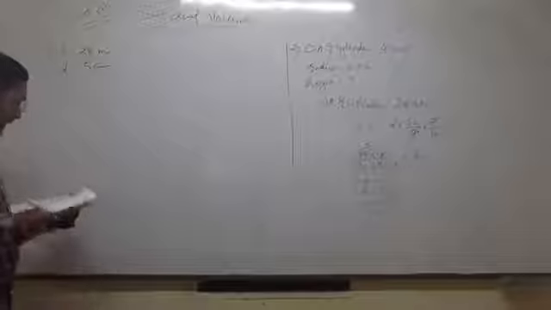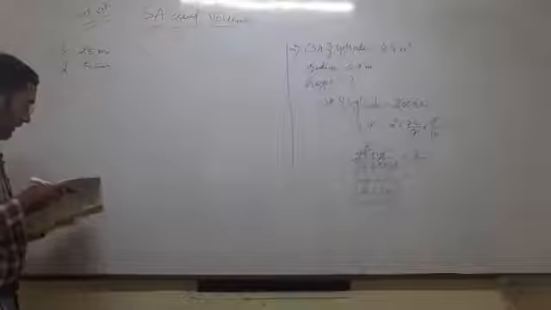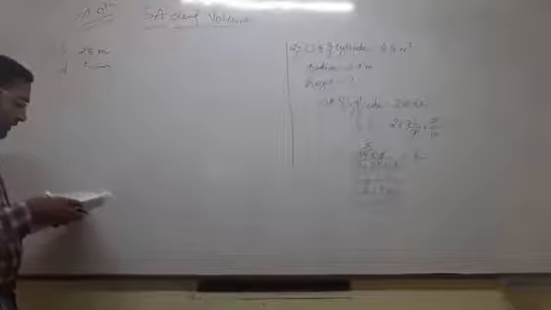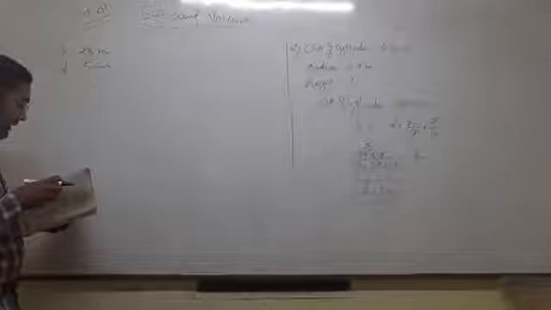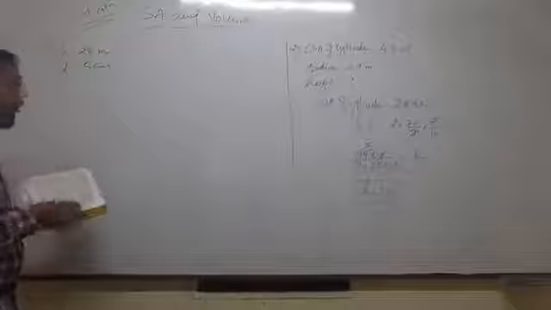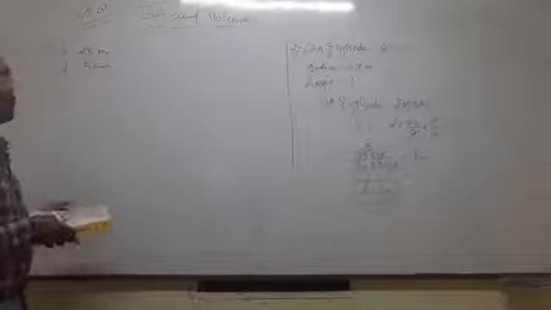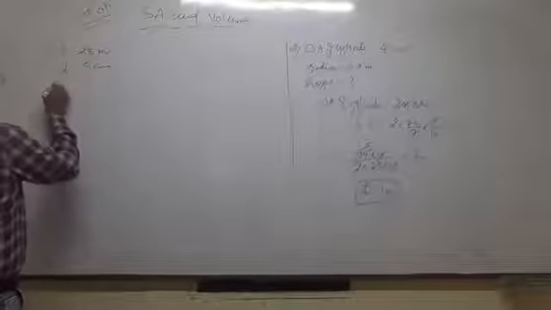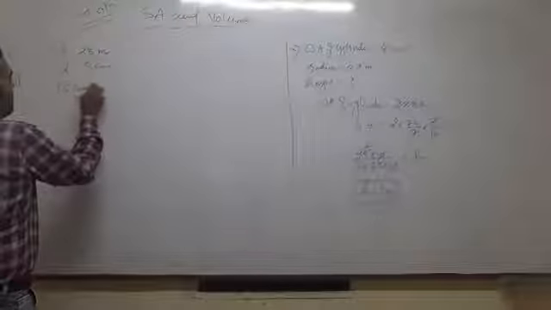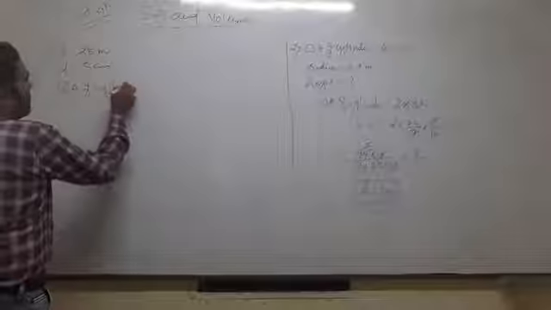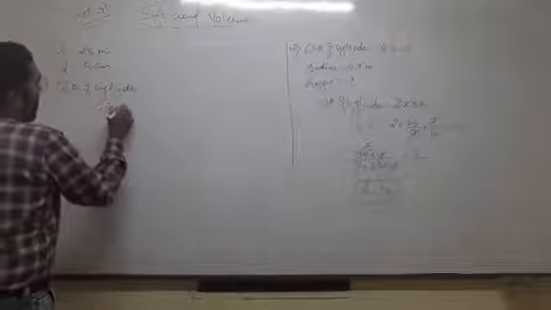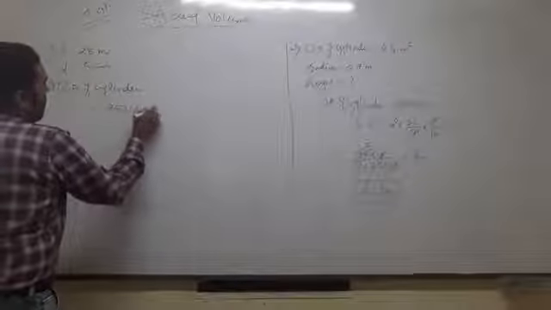Find the total radiating surface in the system. We have to find the total surface area, that is, find the total radiating surface in the system. So it says to find the total surface area of the cylinder. So TSA of cylinder is 2 pi r plus h.